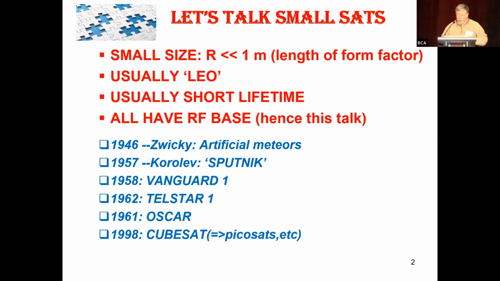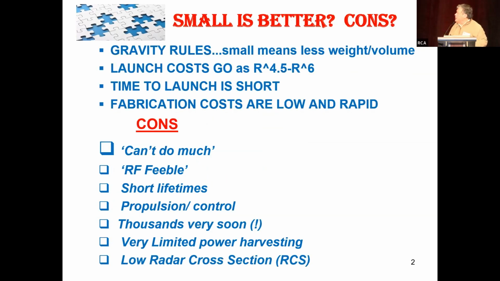All right, well, here's the main advantage of small sats, and especially things like CubeSats: gravity rules. That means the less weight and volume you have for any given satellite, the easier it is to make, the time to launch is shorter, and the launch costs are much lower.